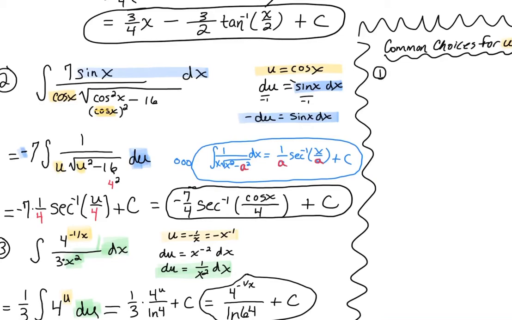So the first one, what's often a choice for you, is if you have a natural log function, natural log again of some sort, there'll be x's on the inside. It could be just natural log of x or 2x minus 1 or whatever it is.